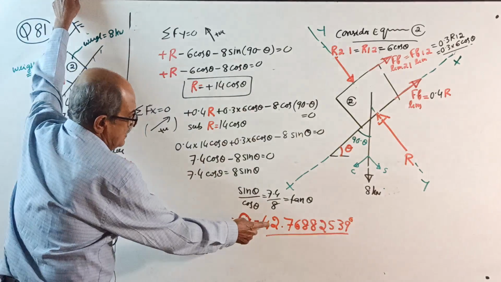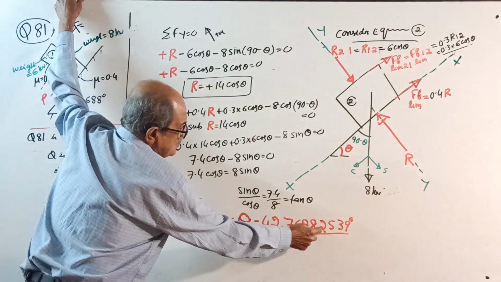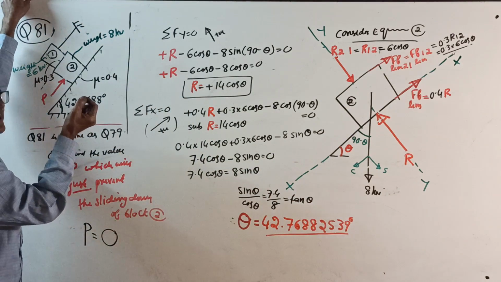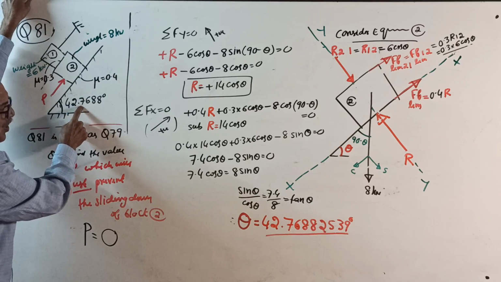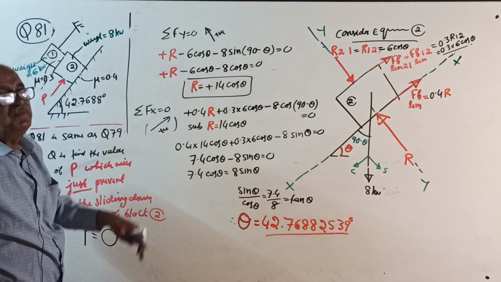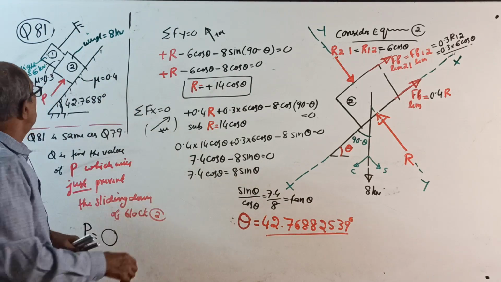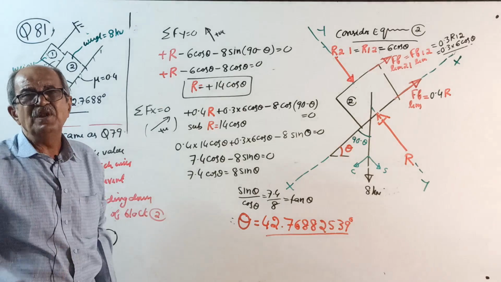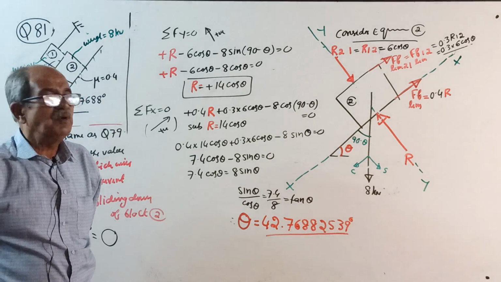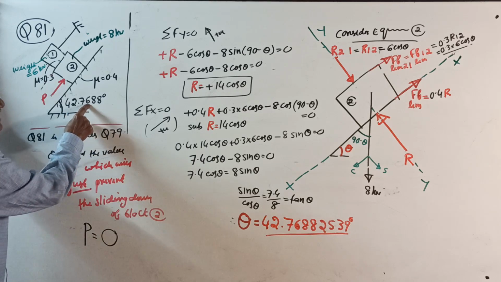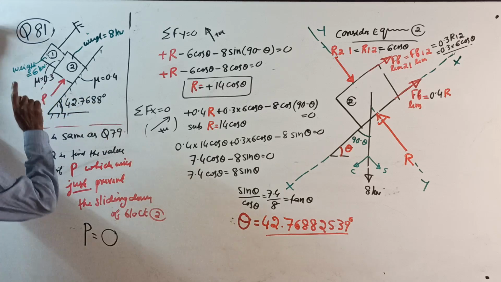Because at 42.76882539 degrees, it's on the verge of sliding, but this angle is slightly 0.0002 degrees lesser, means it will not slide. So force P is not required. A small negative value will come, very, very small. Suppose I give 42.8877 degrees, a small positive value will come.